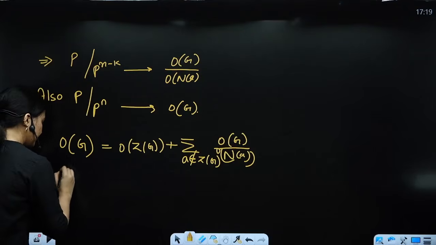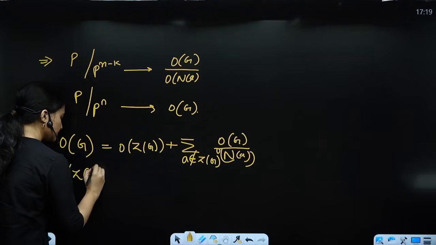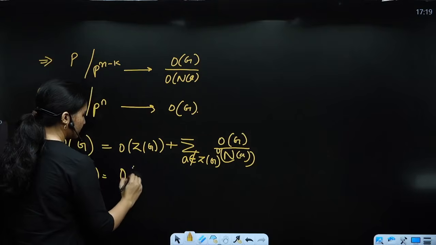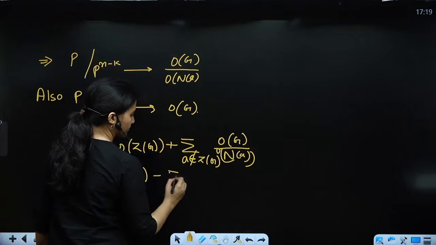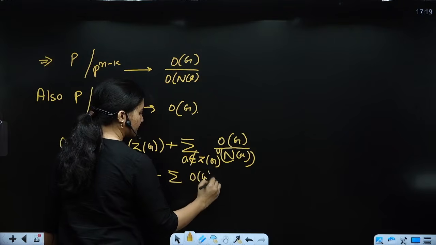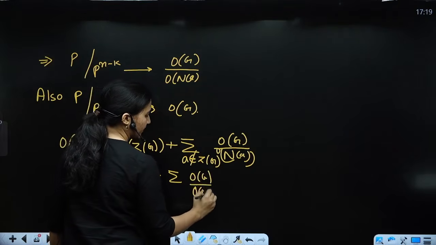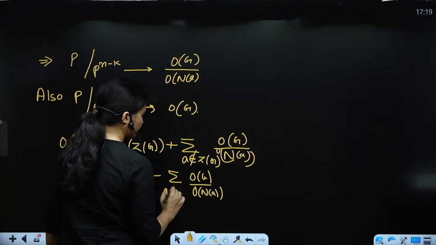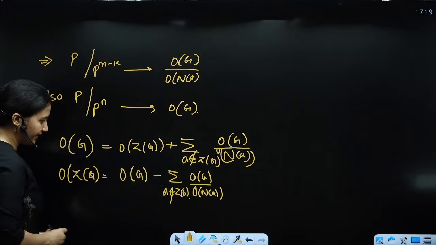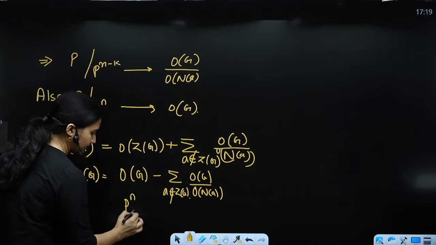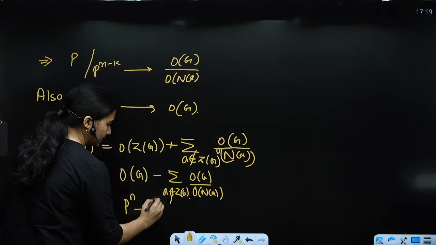So I can write that order of ZG equals order of G minus summation of order of G upon order of NA, when A does not belong to ZG, right? Now P is dividing this and P is dividing this.